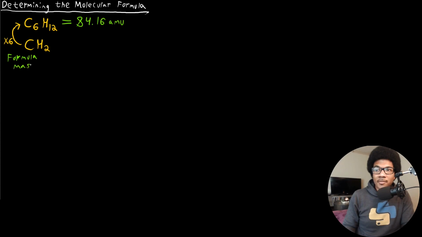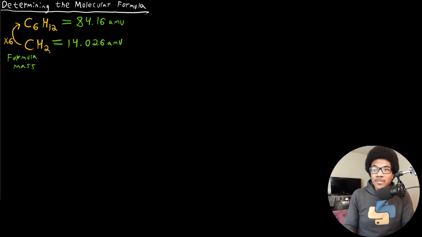Formula mass is really just a general term for calculating the mass of any chemical formula you're given. But in this particular case, we're using it to say this is the mass of our empirical formula. So we take the atomic mass of carbon and 2 times the atomic mass of hydrogen. That's going to give us 14.026 AMU as our formula mass for this empirical formula.